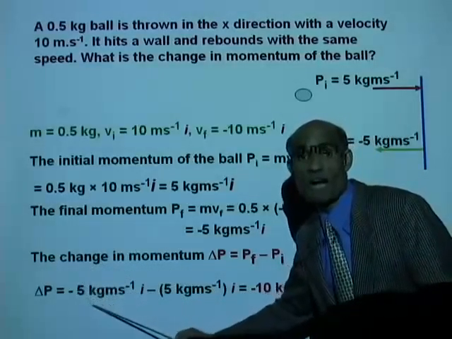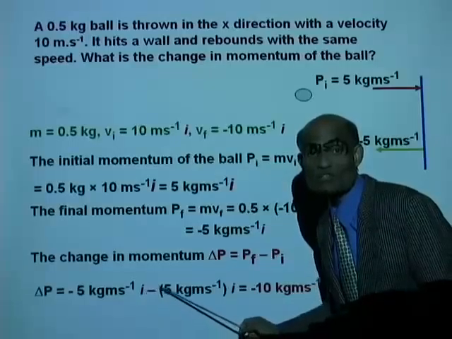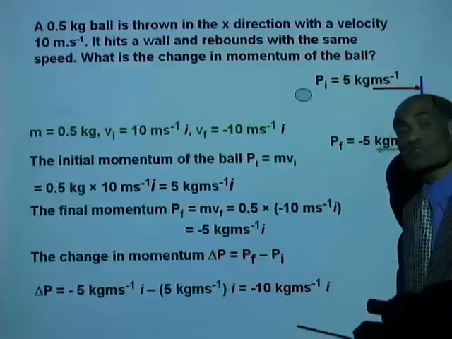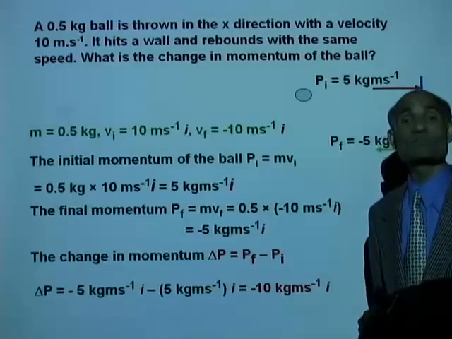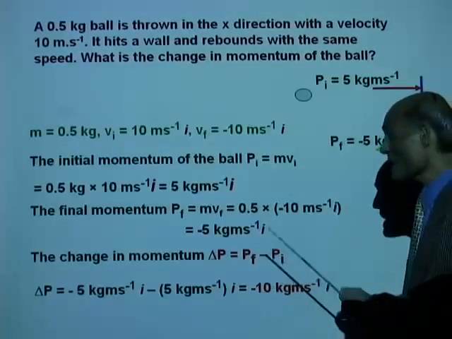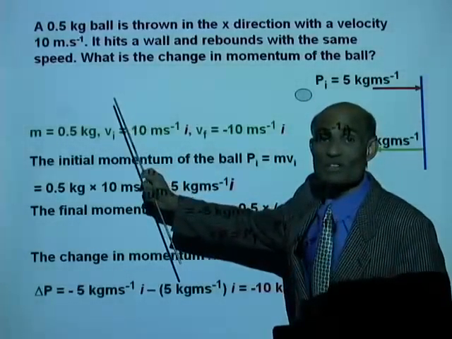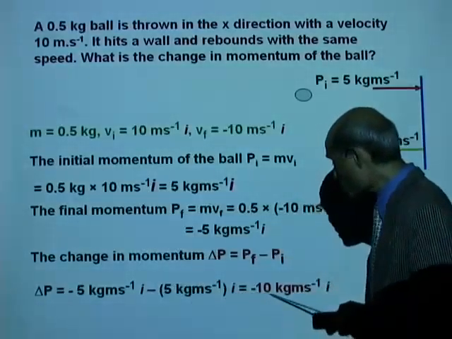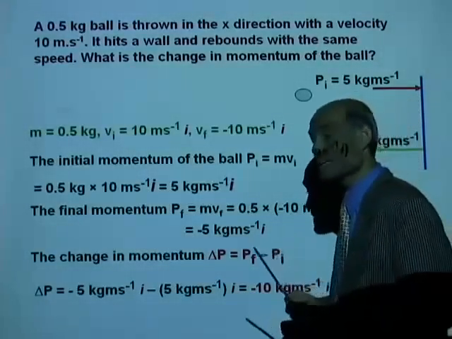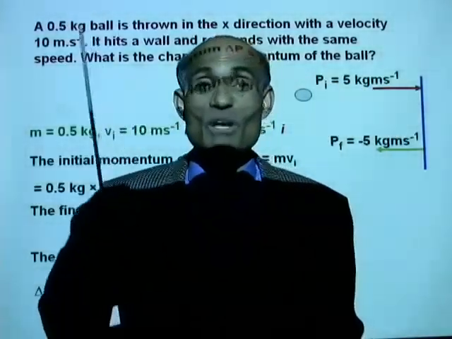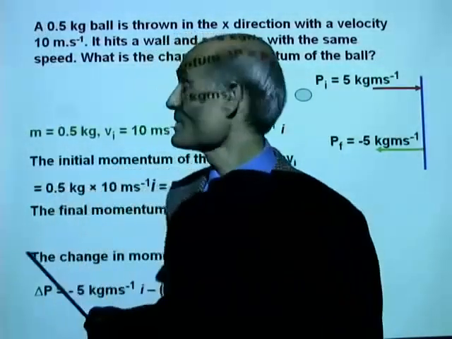Look at this, final momentum minus the initial momentum, and that gives you negative 10 kilogram meter per second i is the change in momentum. The change in momentum is in the negative x direction, and it is equal to negative 10 kilogram meter per second i. Very important to understand that concept.